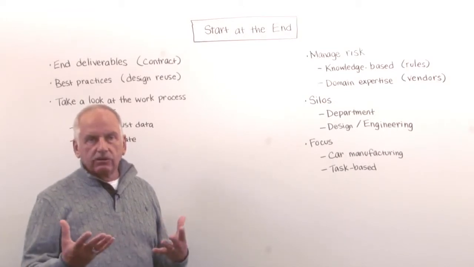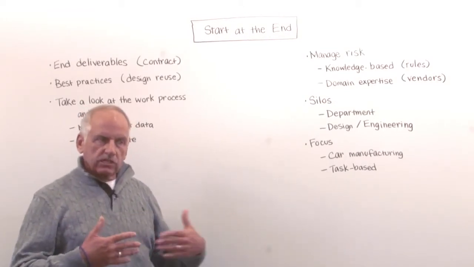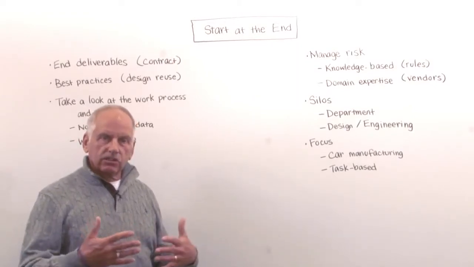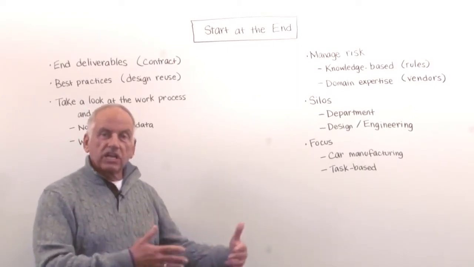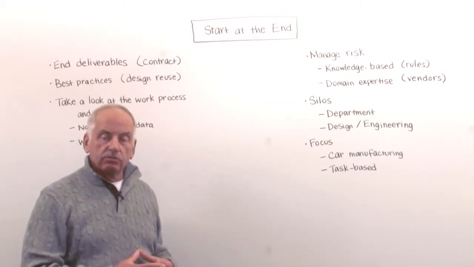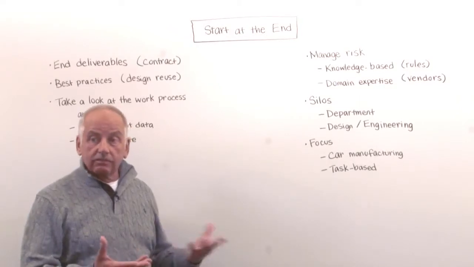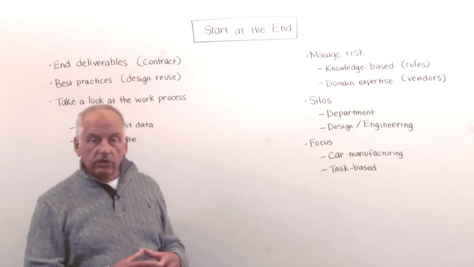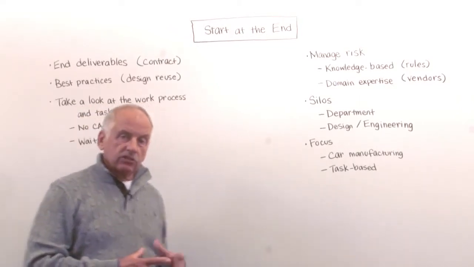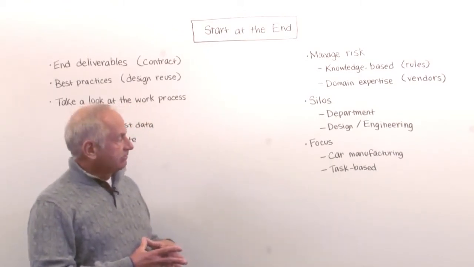If you look at the work process and you can have the different parties work on the same data, like I said before, it's all about data to create the deliverables, you may have a good chance that you can reduce the risk and make the project go smoother when you look up front at who the players are and how you can have these players work together and integrate them.